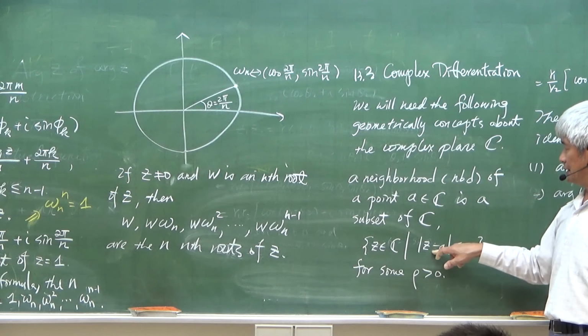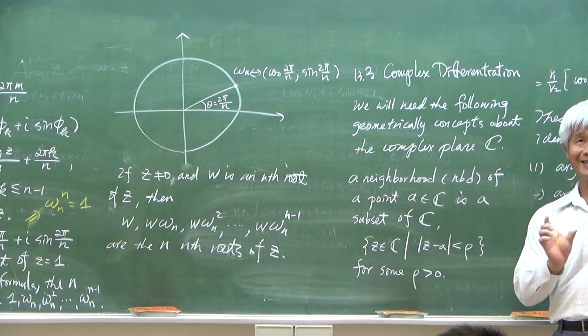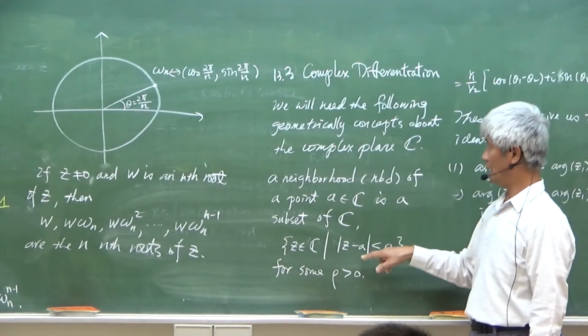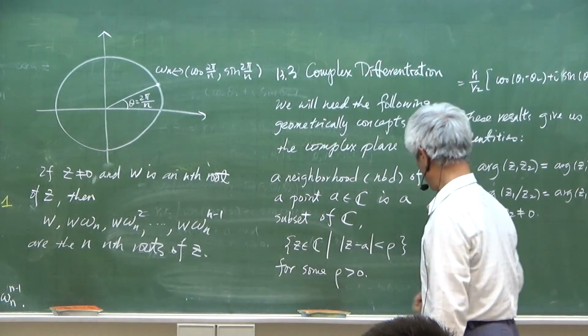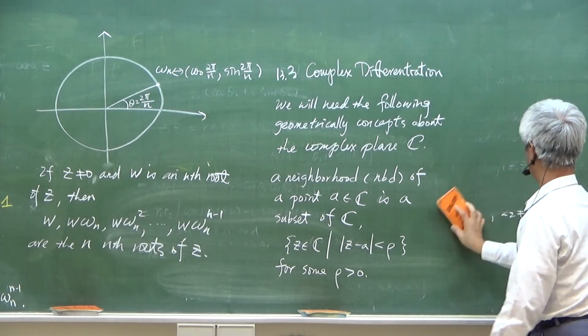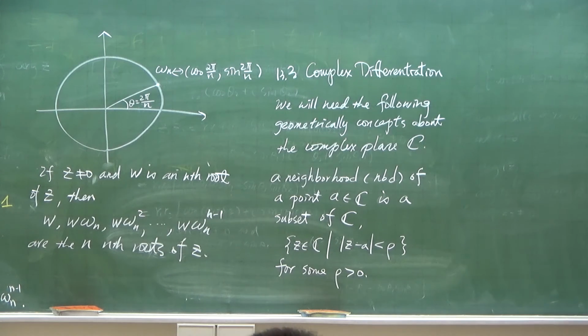So z minus A, taking the absolute value, is just the distance. So the distance is less than rho, and this is called a neighborhood.